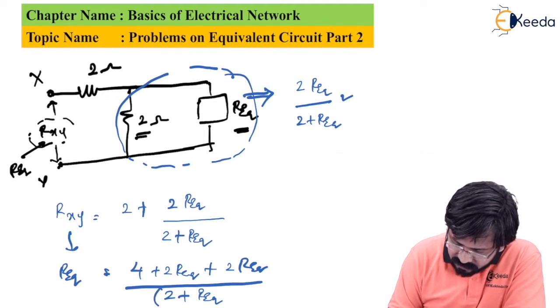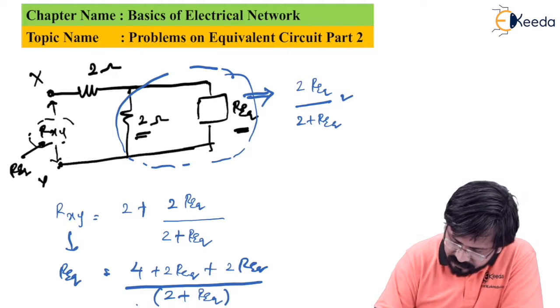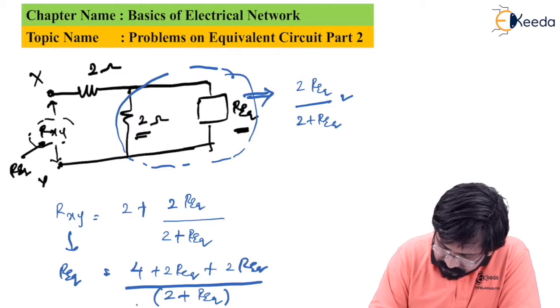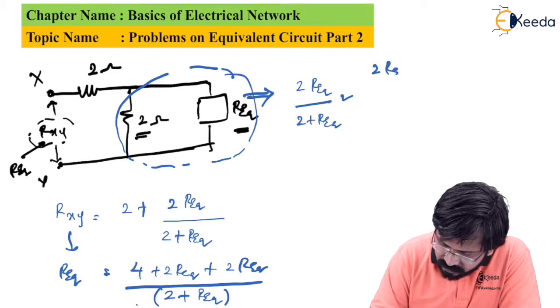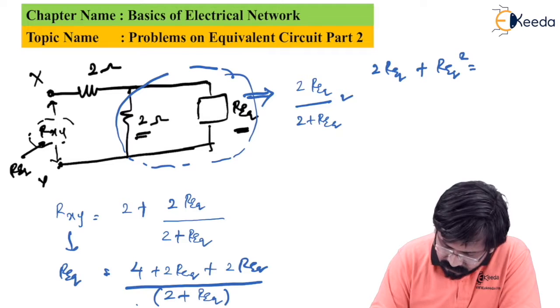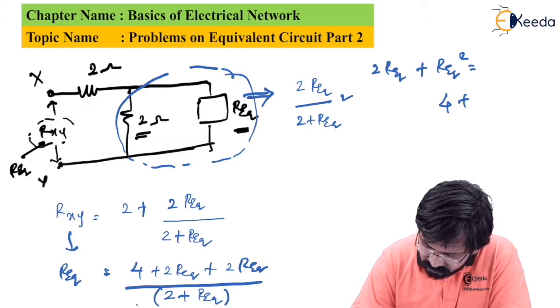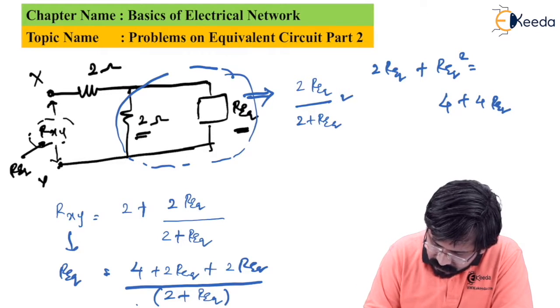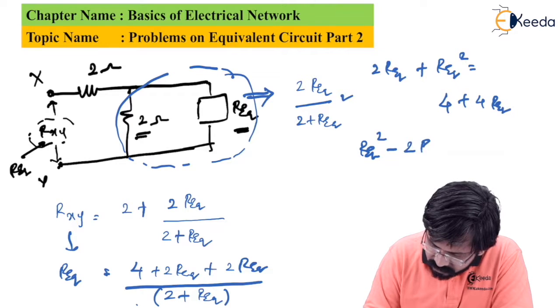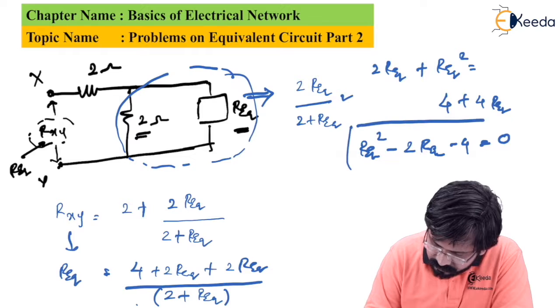Furthermore, shifting this term to the left hand side, what do we get? 2 times R equivalent plus R equivalent square is equal to 4 plus 4 R equivalent. So solving this equation, what do we get? It is R equivalent square minus 2 R equivalent minus 4 equal to 0.